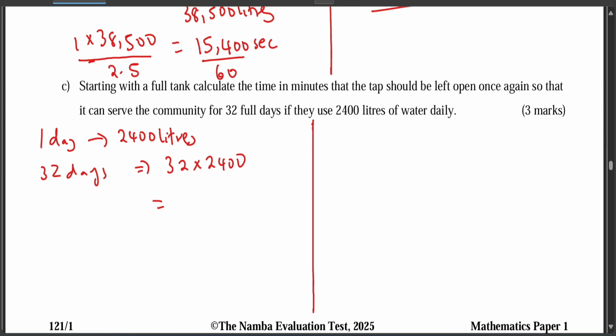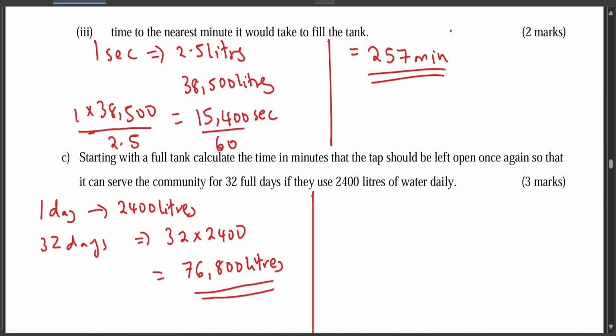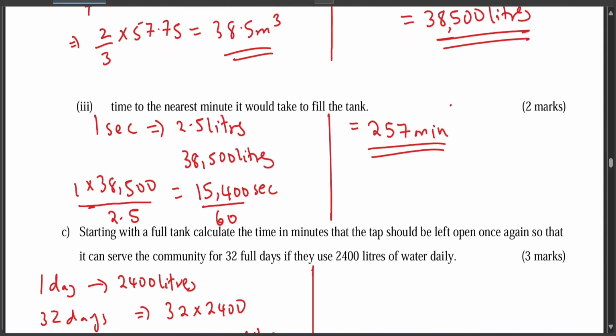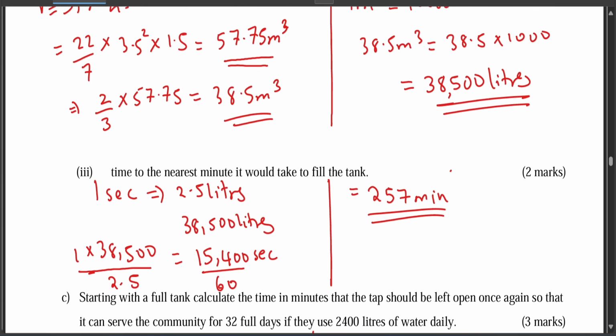It should give you 76,800 liters. Now, for those 32 days, that is the amount to be used. So a whole tank usually takes how many liters, if I'm correct?